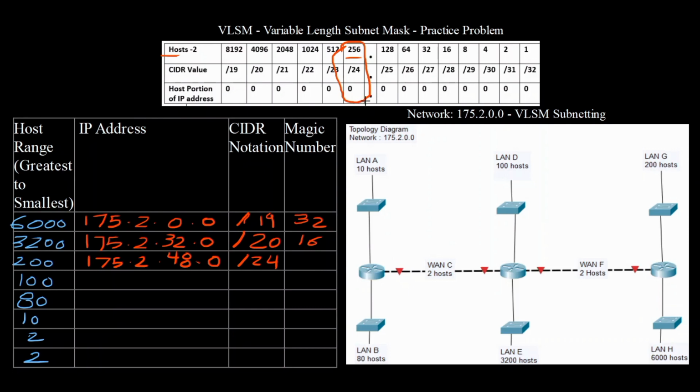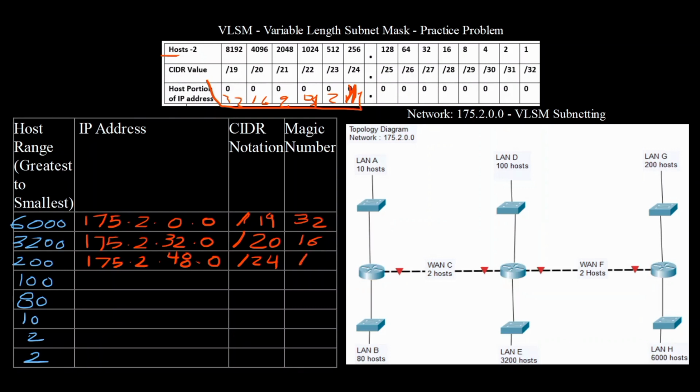Next, we're going to move to the magic number. If you look after the dot here, this is the third octet. So 1, 2, 4, 8, 16, 32, and /24 is located on the first bit, so it's going to be 1.